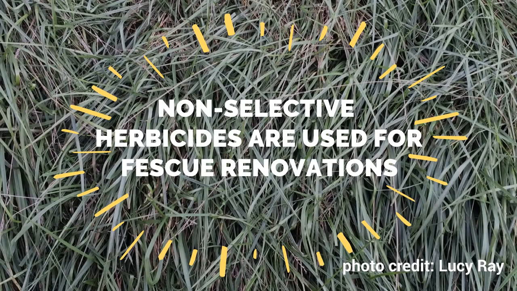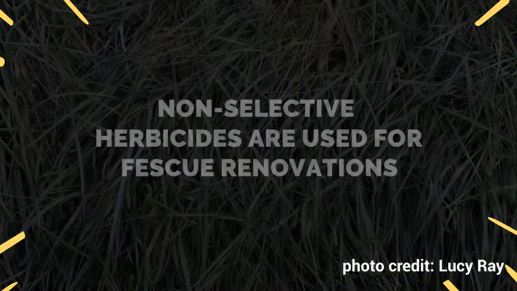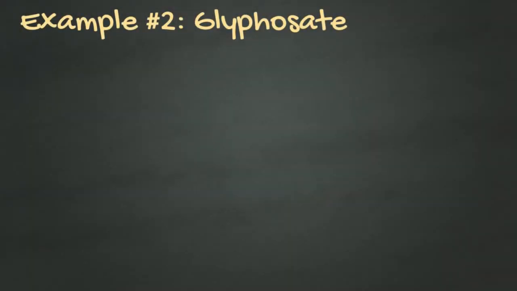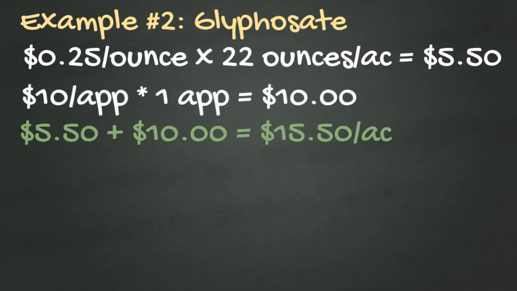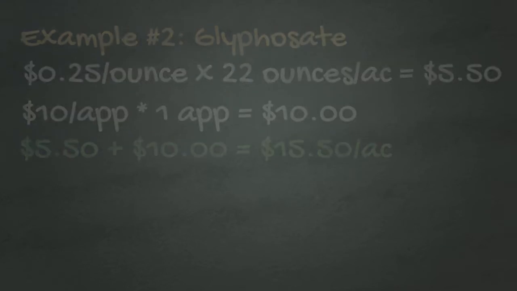We recommend spraying a non-selective herbicide such as glyphosate for terminating existing tall fescue stands before planting a novel endophyte variety. If we apply Roundup PowerMax at 22 ounces per acre to terminate a fescue stand, we would be looking at $15.50 per acre in chemical and application costs.